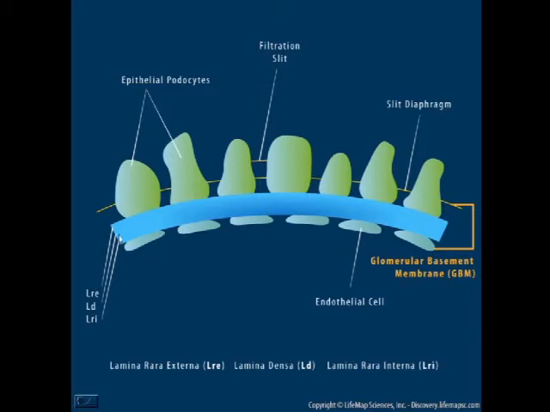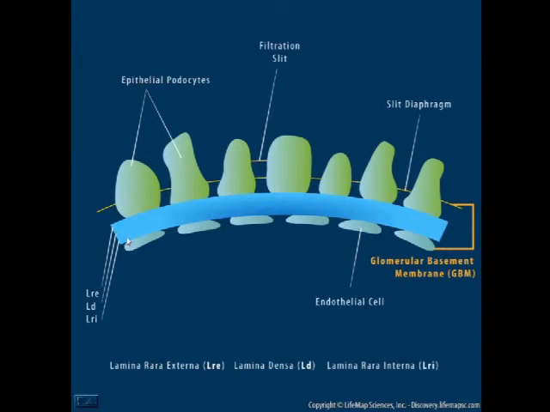It is the comparatively electron dense middle layer of the GBM. It contains type 4 collagen fibers, which are organized into a network and serve as a physical filter.